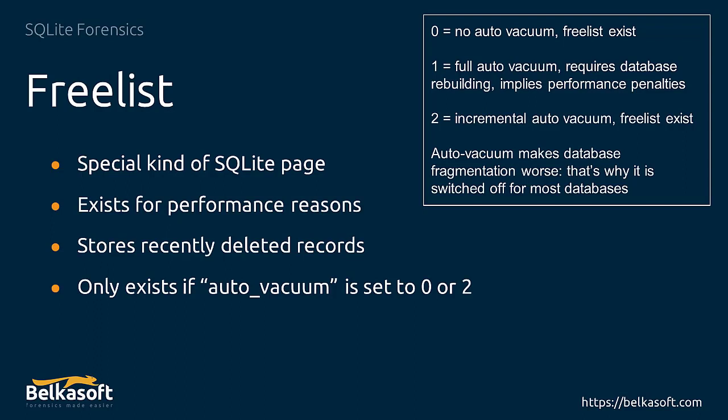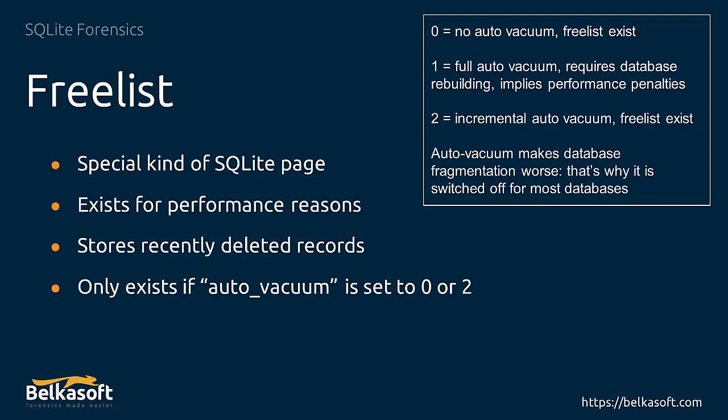The free lists are there for performance reasons because if you delete something immediately, you would need to reorganize or remap the data inside the database, copy the deleted data to the tail of the database, and then cut the database. This requires a lot of effort from the application engine and will take some time.